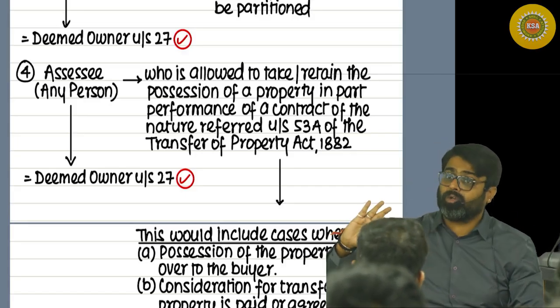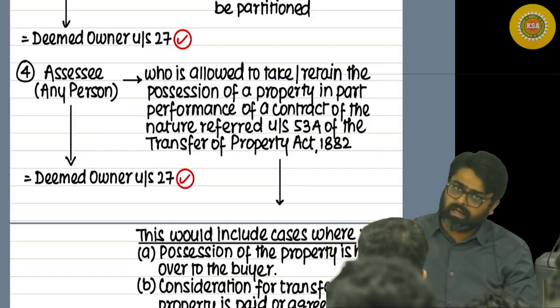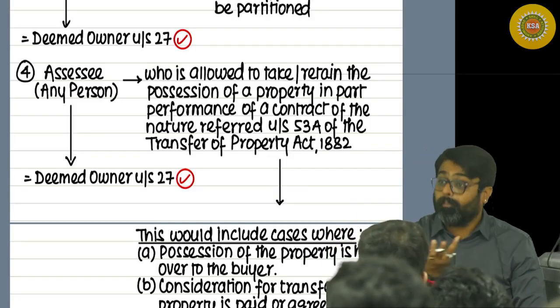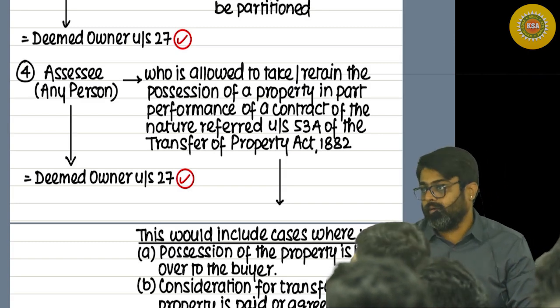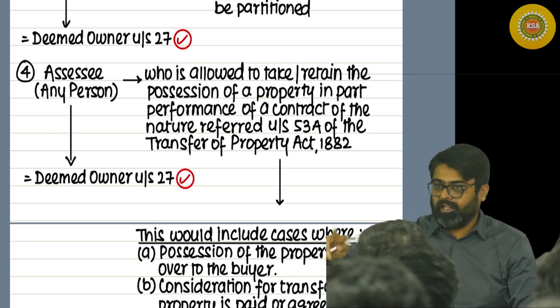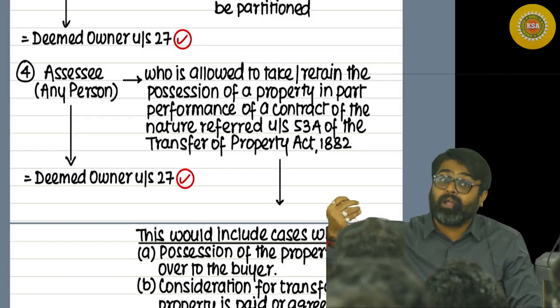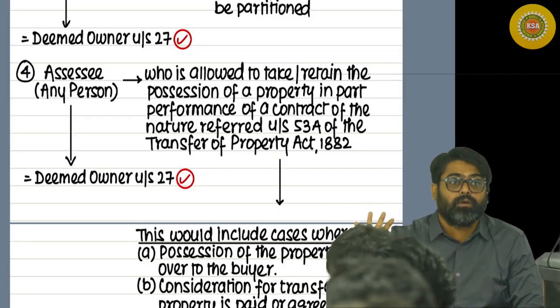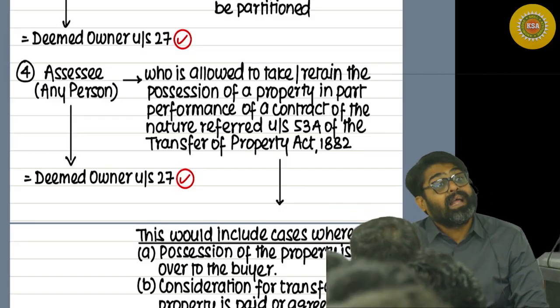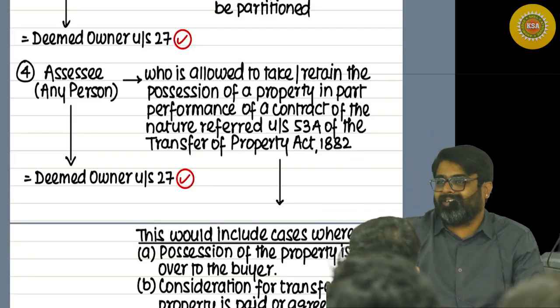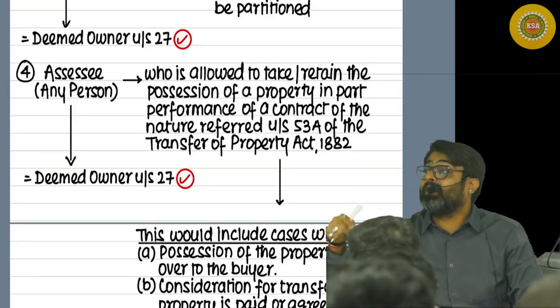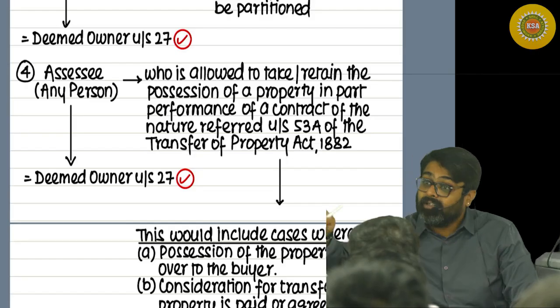So with regard to any immobile property, including a building, if there is such type of agreement where both the parties perform their respective parts, yes or no, then even if this sale agreement is not actually registered, still the buyer will be treated as deemed owner.